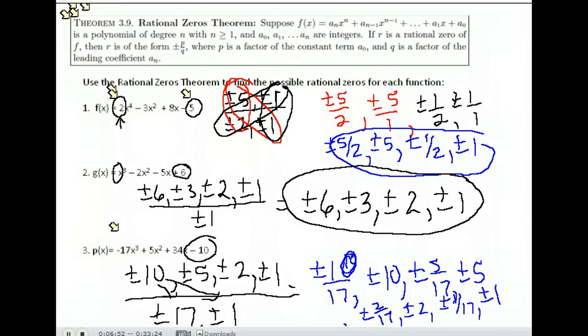That has us down to 16 possibilities to check. It breaks it down a little bit, and this would give us a starting point. If we were not using a graphing calculator, this is where we would start from.